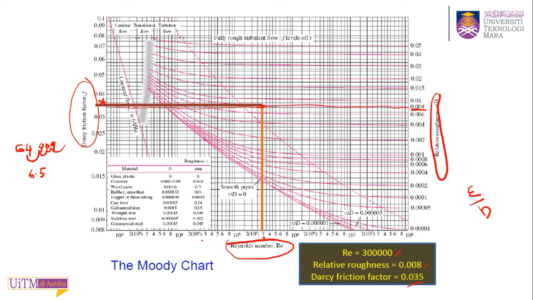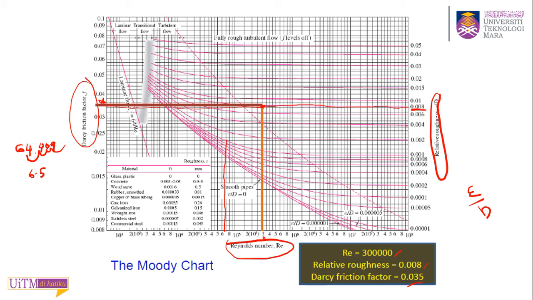So you go to your 10 to the power of 4 here, and it is 6.5. So your line is here. This is 6, 7, 8, so it's in between. So this is 6.5. Okay, so you draw your line up.